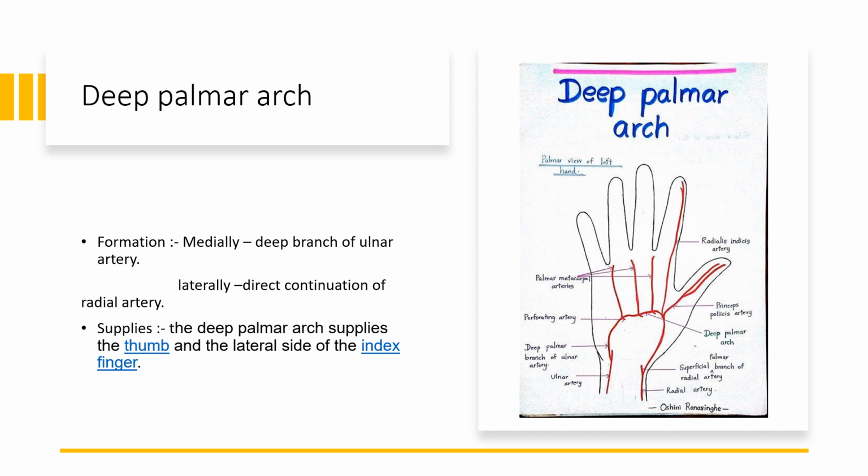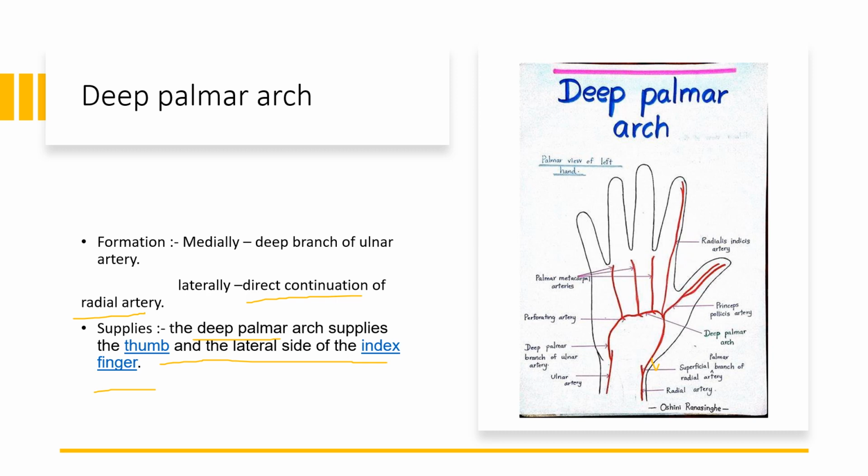Now, the deep palmar arch is formed by the deep branch of the ulnar artery, and laterally by the direct continuation of the radial artery. The deep palmar arch supplies the thumb and the lateral side of the index finger.